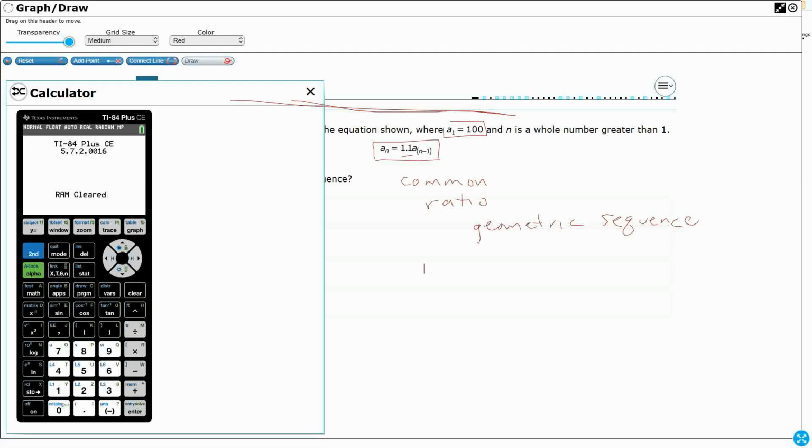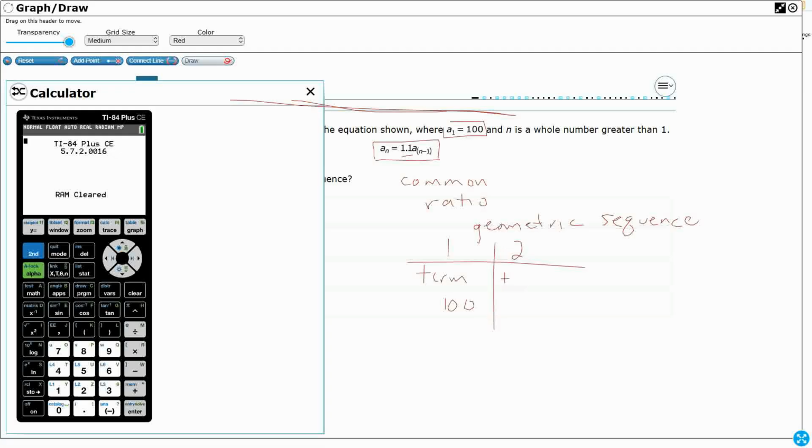But we already have the first term because it's given to us. So our first term is going to be this 100. So let's go ahead and put that first term, 100, and let's just keep moving it off here.